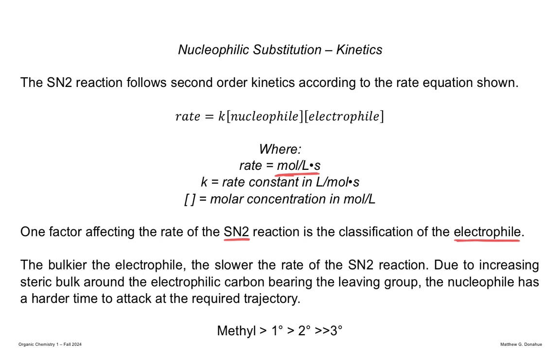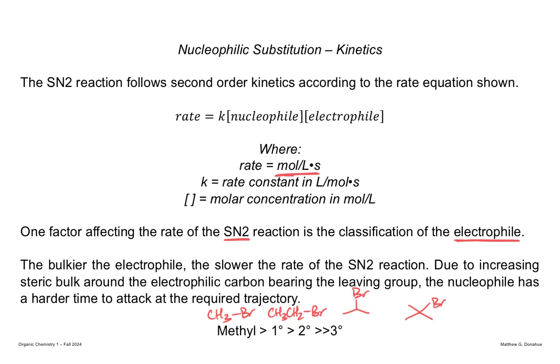So say, for example, if we were using the bromide, methyl bromide, primary would be ethyl bromide. Secondary would be 2-bromopropane. And then tertiary would be 2-bromo-2-methylpropane.